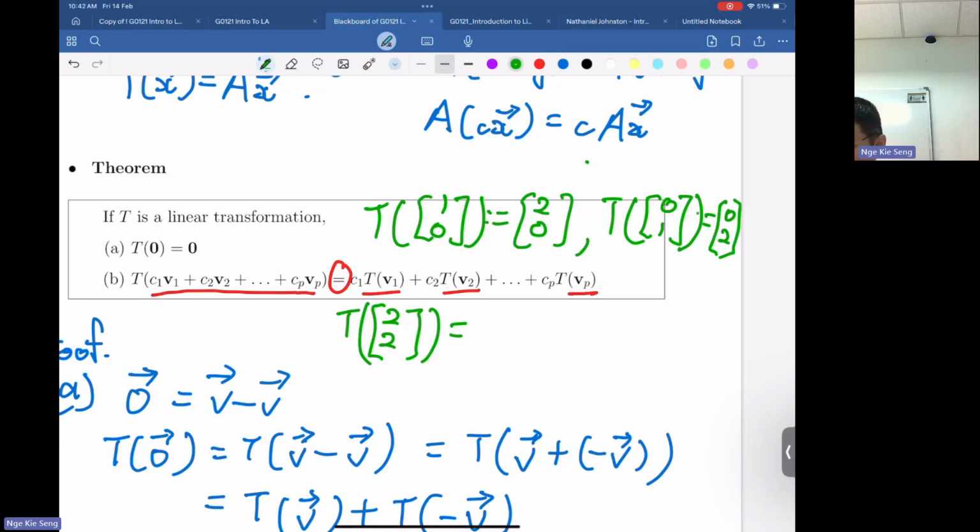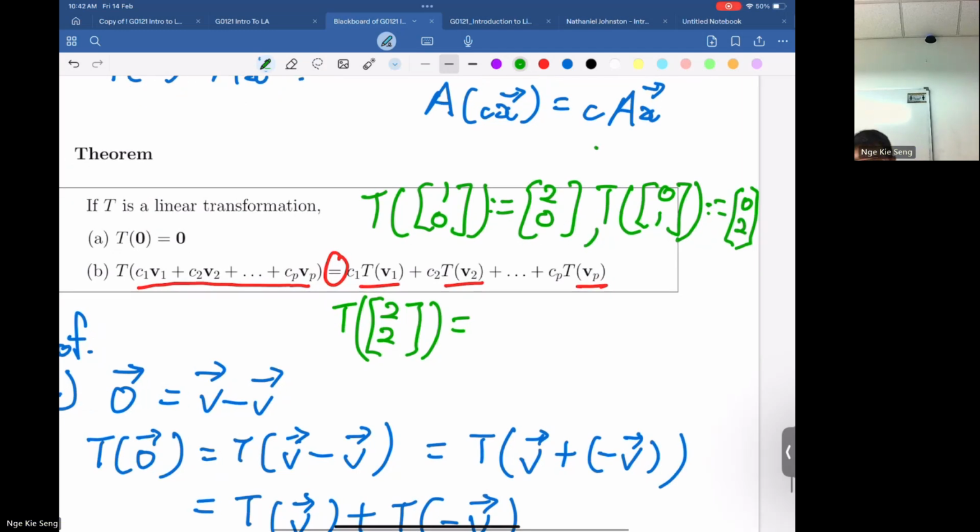So let's say I define these two. Okay, can you figure this out using part B? Let you think for one minute.